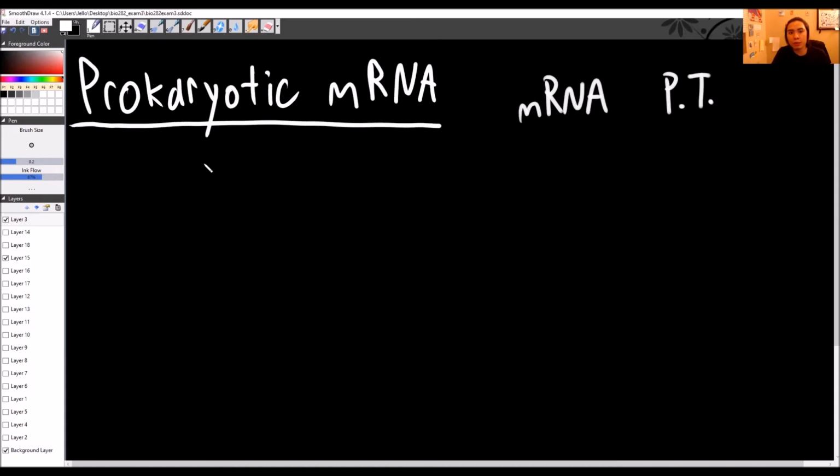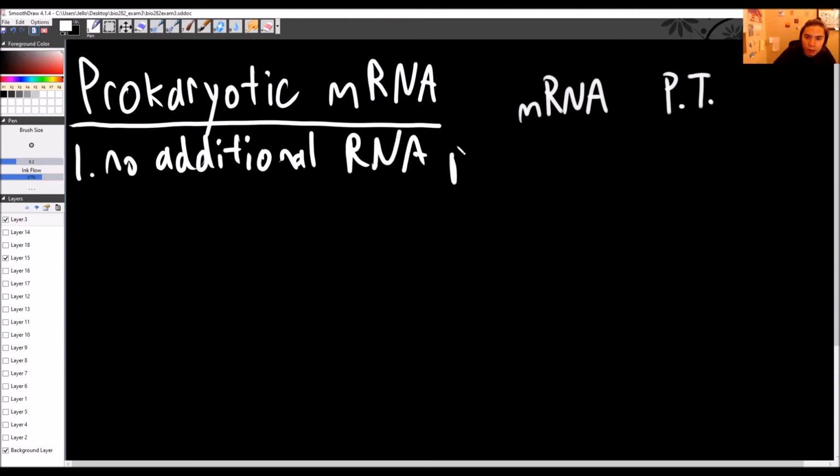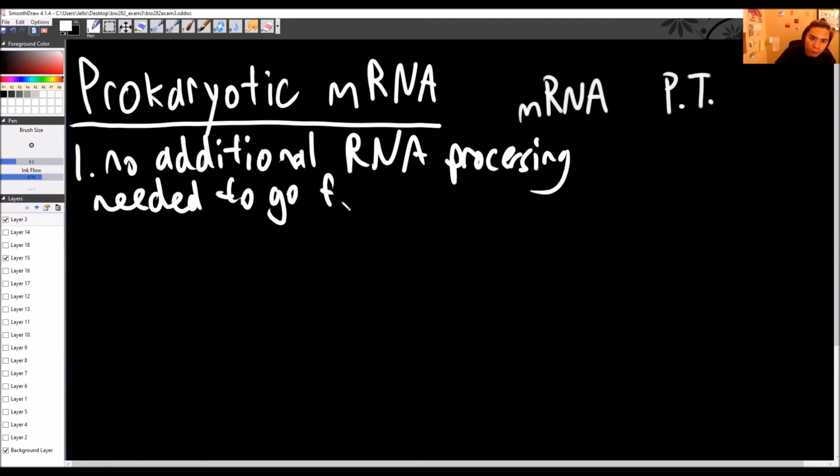The processes of prokaryotic mRNA differ in a number of ways compared to those of eukaryotic mRNA. So to start it off, there is no additional RNA processing needed to go from the primary transcript to mRNA.